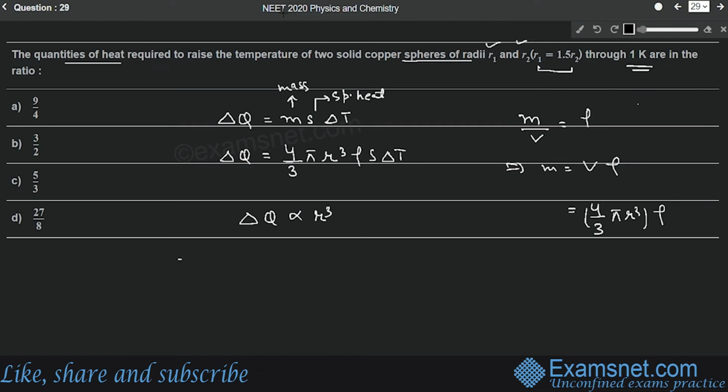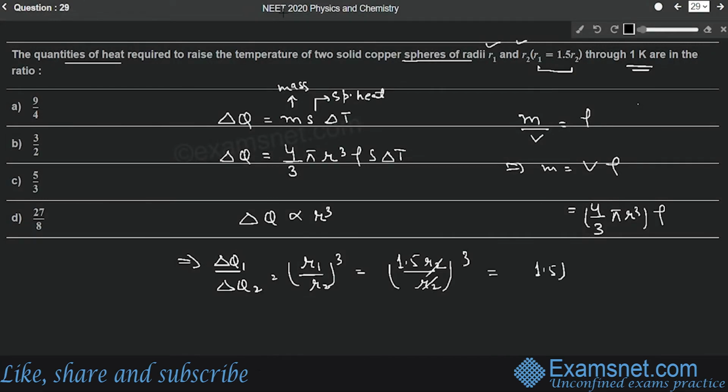That means delta Q1 by delta Q2 will be equal to R1 by R2 cube. And it is given here that R1 is 1.5 times R2. So in place of R1, we'll write 1.5 R2 divided by R2 and cube. So R2 will be cancelled. So this ratio will be equal to cube of 1.5, right?